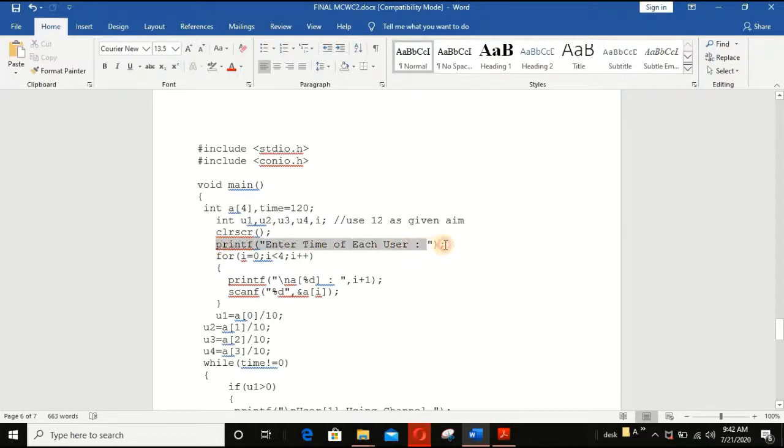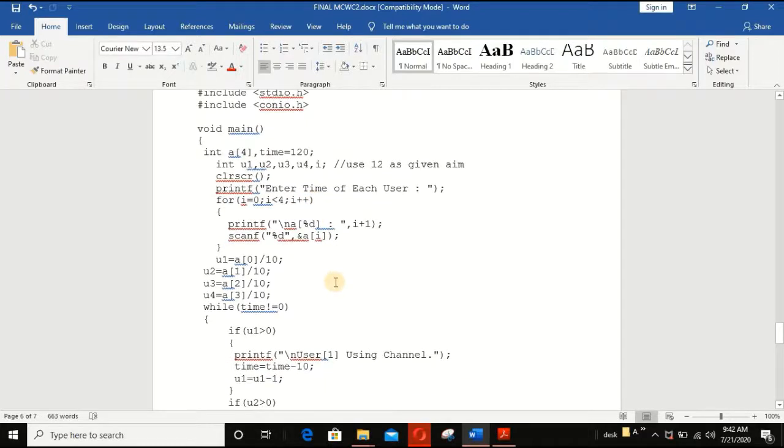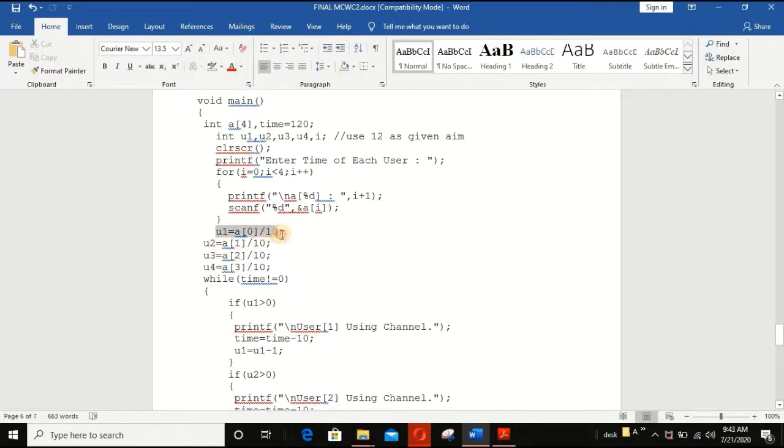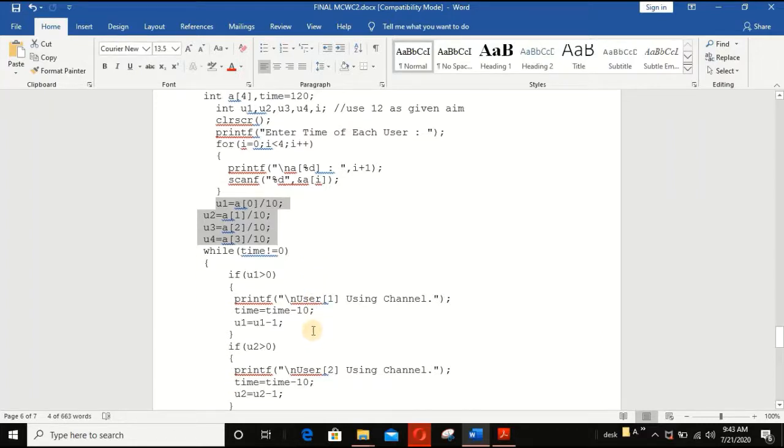Then this is a simple print message. We enter the time of each user. We simply require one for loop, and each and every user is allocated a fixed 10 milliseconds of time. So here this type of equation is used. Then while the time reaches 0, it decreases the time and when it reaches the 0 level, it allocates to the other user, the frequency is allocated to the other user.